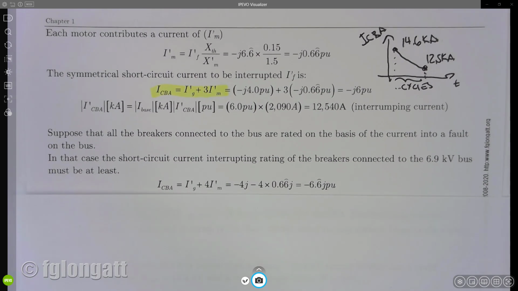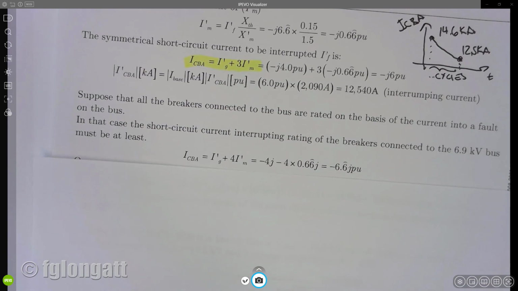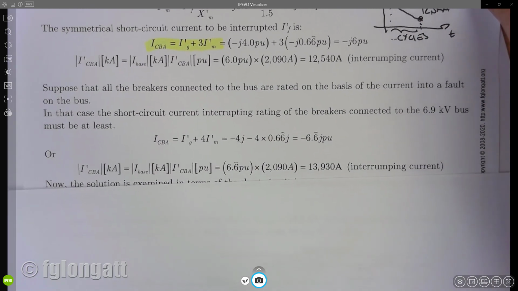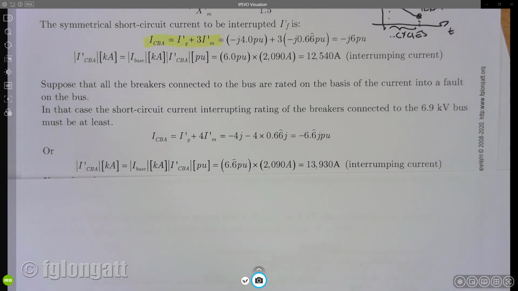Okay. In this case, I can show you the calculations here, in real units. In real units, the circuit breaker, at the worst case scenario, will see 13.9 kiloamps.